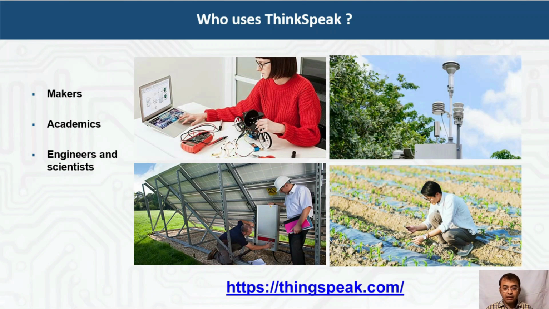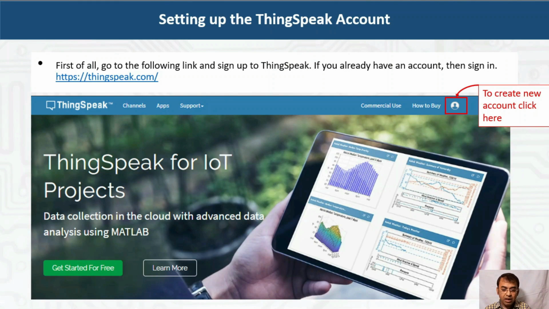So now guys, I'll show you how you can register in this ThingSpeak. So who uses ThingSpeak? Makers, academics, engineers, and scientists. This is the website, guys, thingspeak.com. Just go to ThingSpeak.com and register.